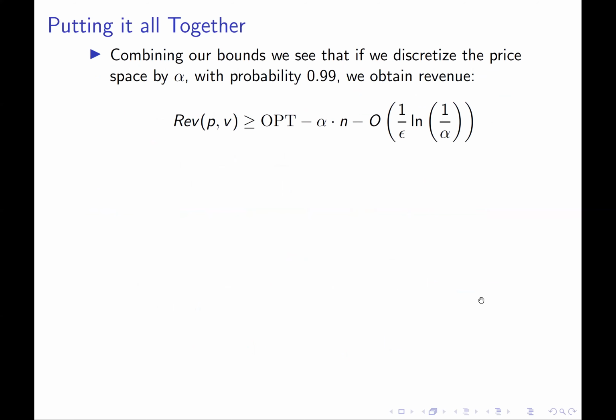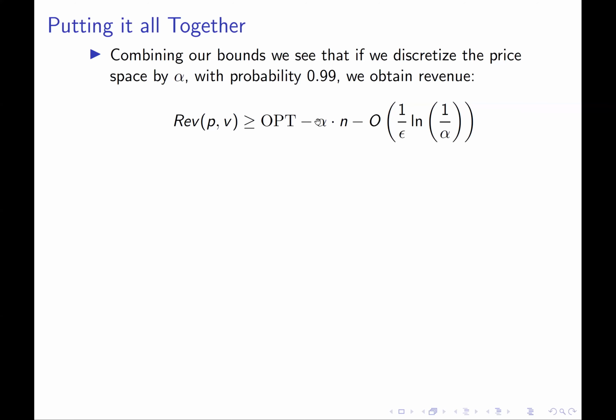And so we can combine these 2 bounds with the theorem we've proven for the exponential mechanism and find that the revenue obtainable by this exponential mechanism auction, which is now a random variable because we're selecting the price randomly, will have the property that, for example, 99% of the time, our revenue will be at least the optimal revenue minus alpha times n.